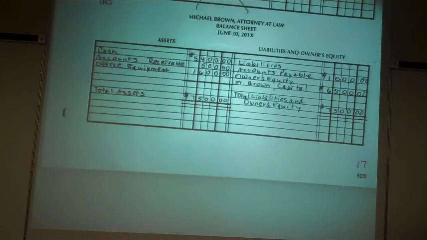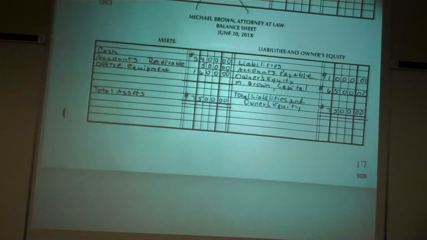And then we have a label there for total assets. And then on the right-hand side, we have our liabilities. So we had accounts payable. We had owner's equity, Michael Brown, comma, capital. And then our total liabilities and owner's equity. Again, there's a perfect picture of what that balance sheet looks like in your chapter pages.